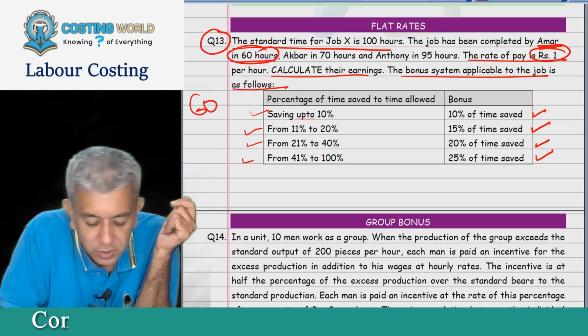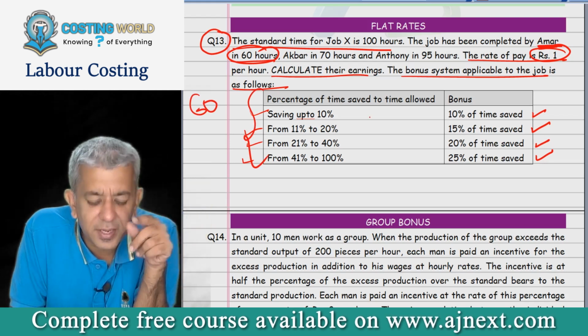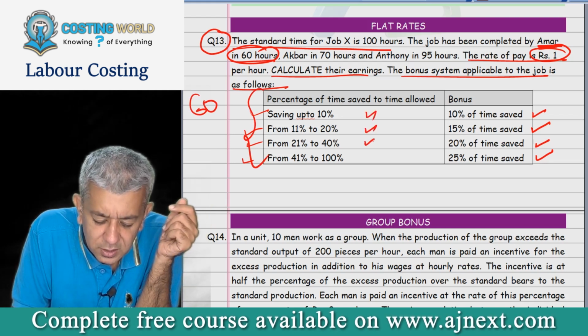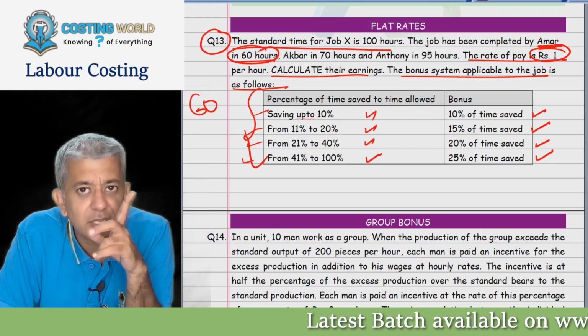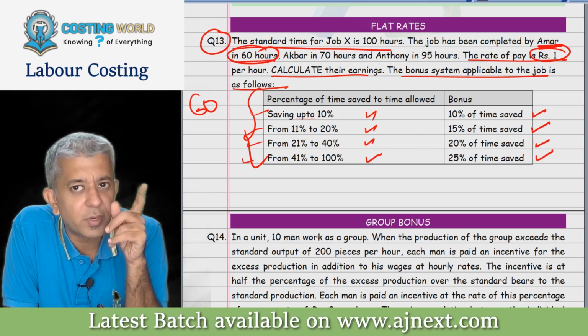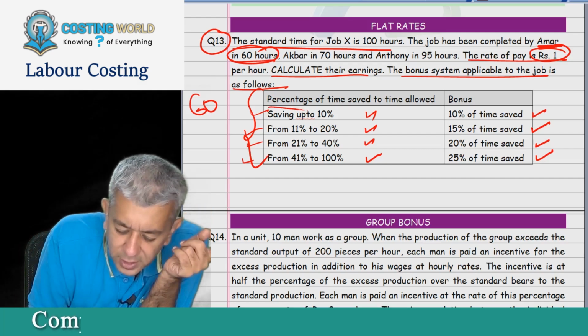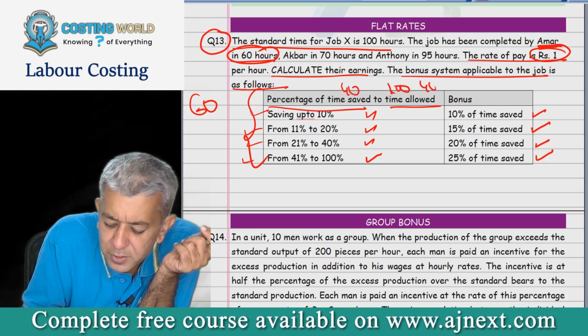Plus bonus will depend upon this particular thing. Tell him one thing, where does Amar come? First, second, third or fourth? Third. He has completed the job in 60 hours. Therefore, he has saved 40 hours. Percentage of time saved to time allowed, can we say will be 40% over here?